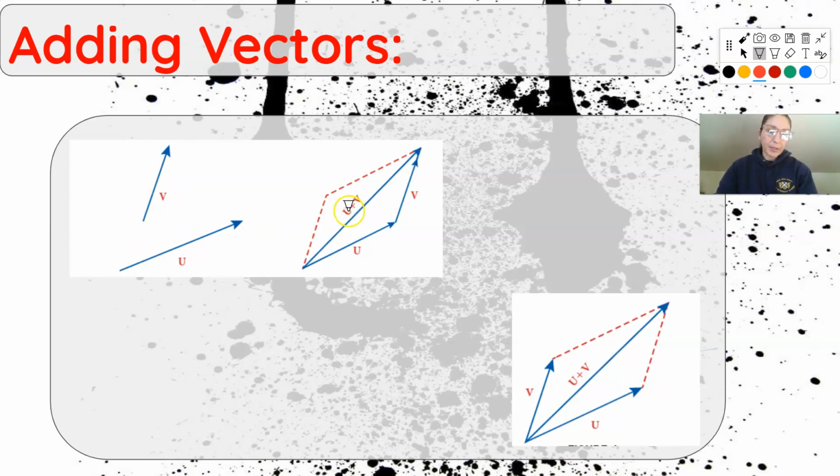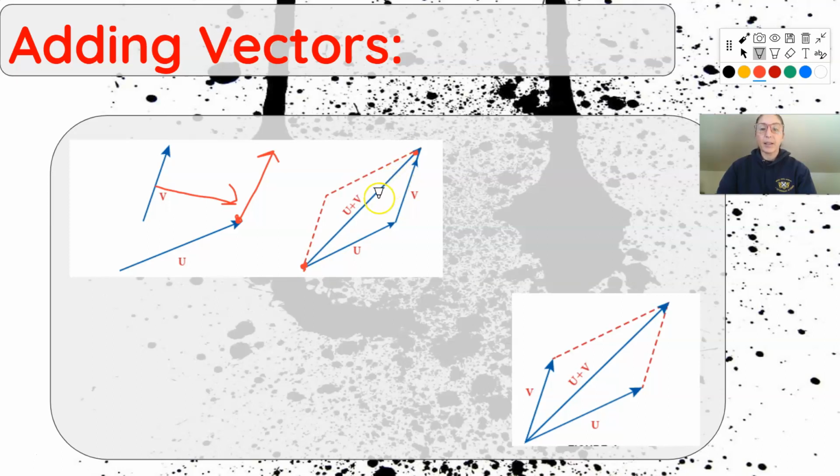So if I want the vector u plus v, then u goes first, and in this diagram, I'm going to slide v over there and line it up head to tail. So if you line the vectors up head to tail, then the vector u plus v is the big vector that goes from the tail of u to the head of v.